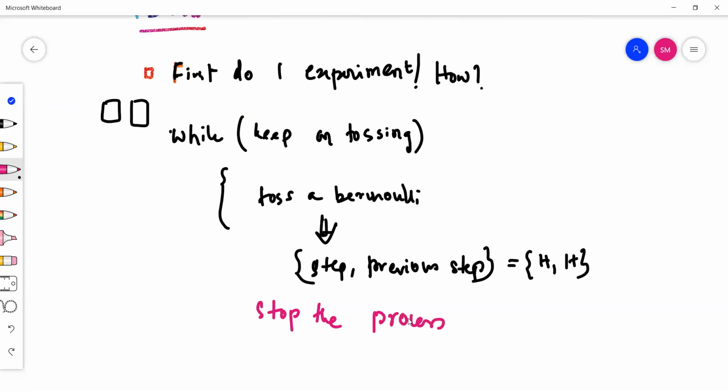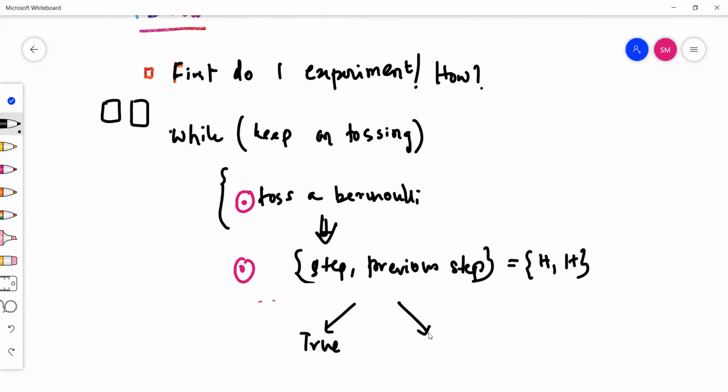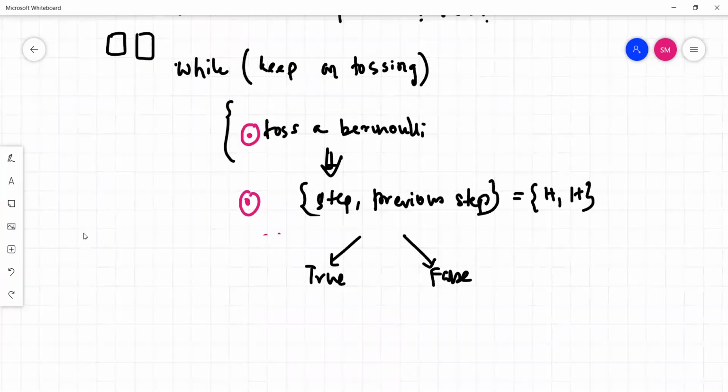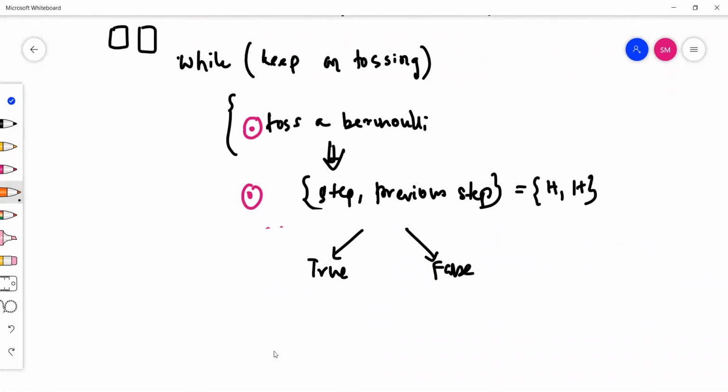So you keep on tossing, toss a Bernoulli. You check whether the previous step and the step before are heads and heads. If it is true, you stop; if it's false, you continue tossing.